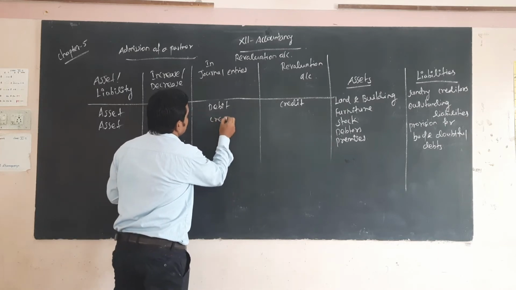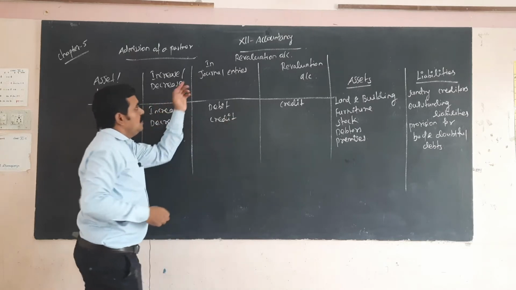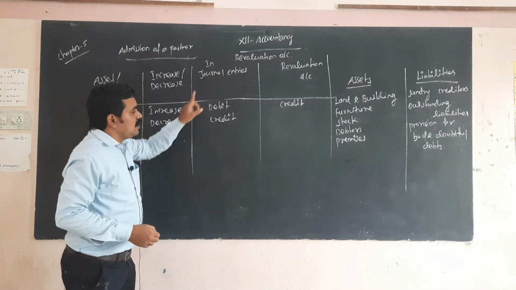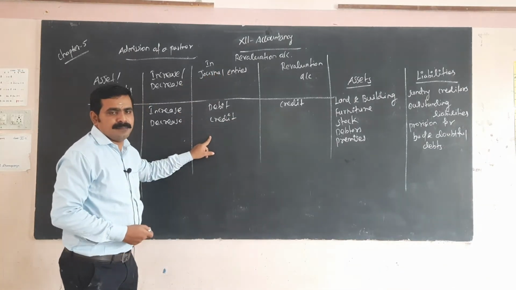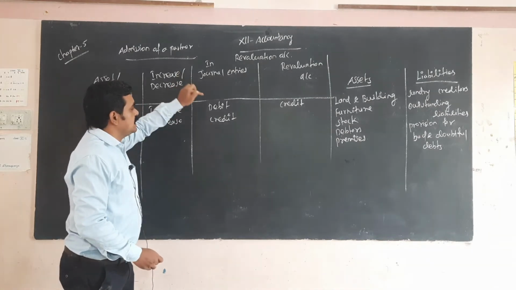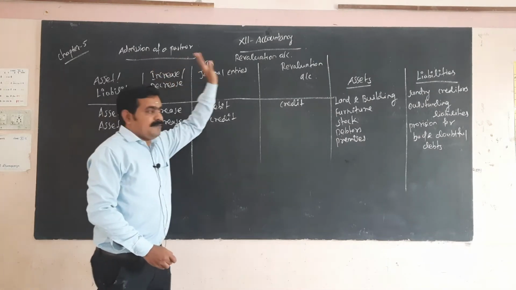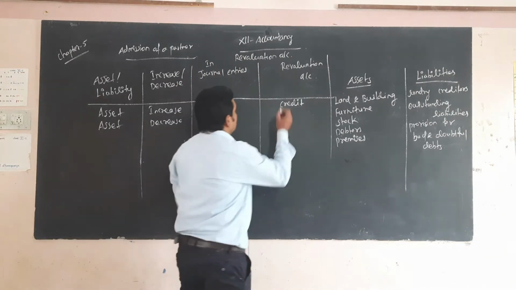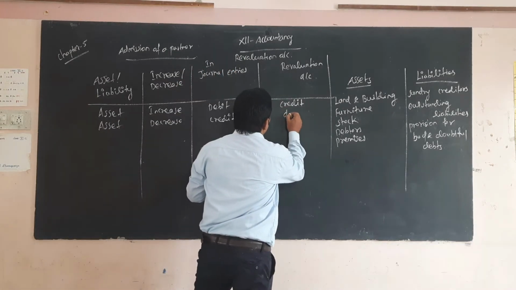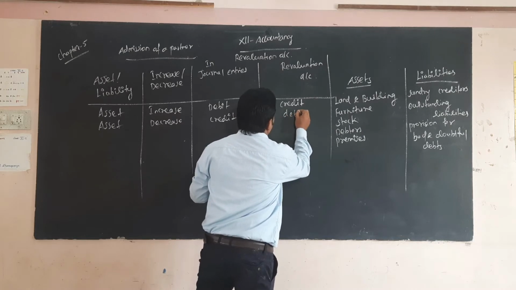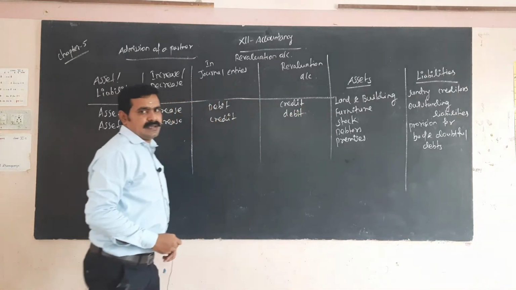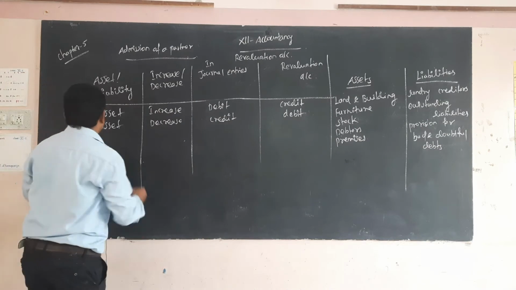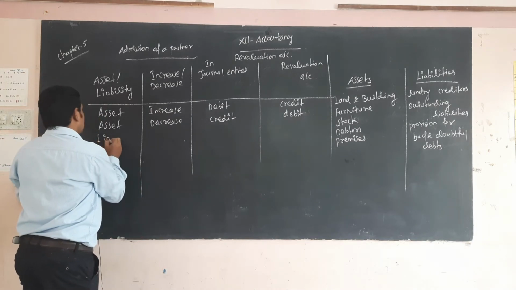So revaluation account debit to land and building, because of decrease. In case of increase, land and building account debit to revaluation account, so in the revaluation account it is the debit side. You got it? Okay, next, liabilities.